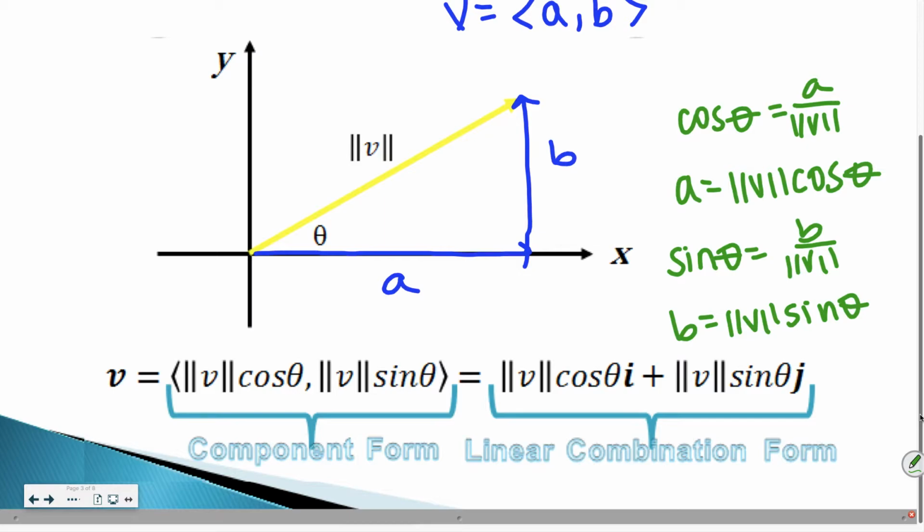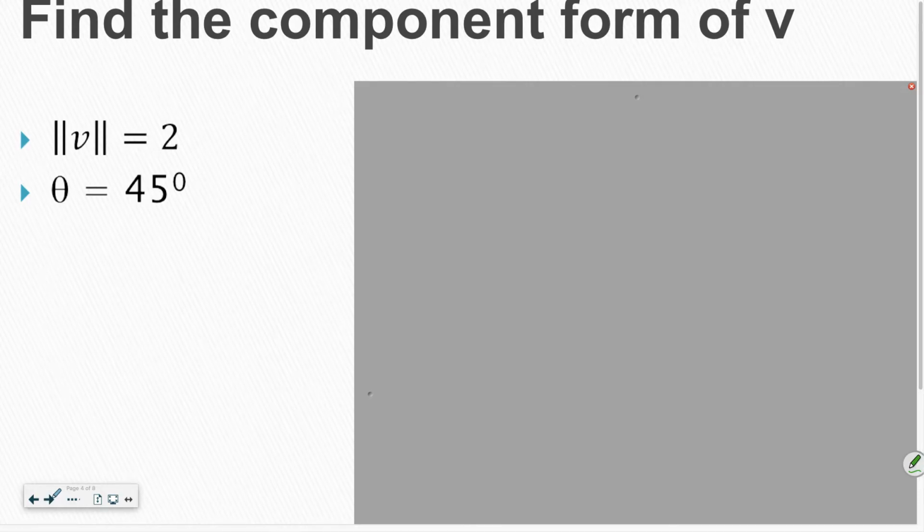The second one, we need to take a couple turns before we get there. So here's our first example. I want the component form of v if we know that the magnitude of v is 2 and the angle is 45 degrees.